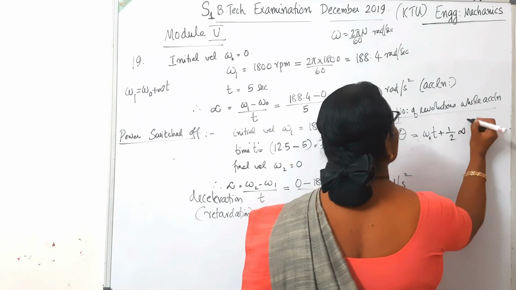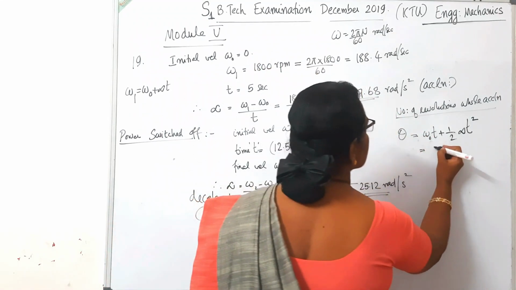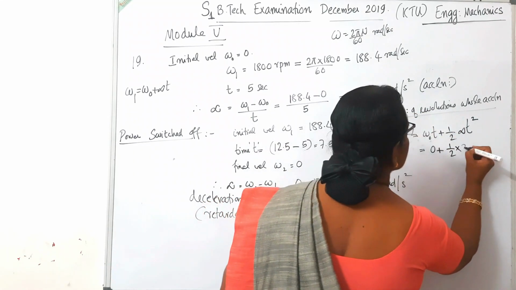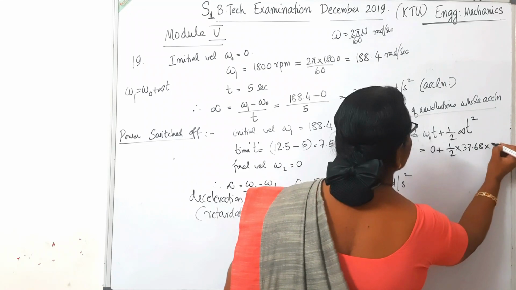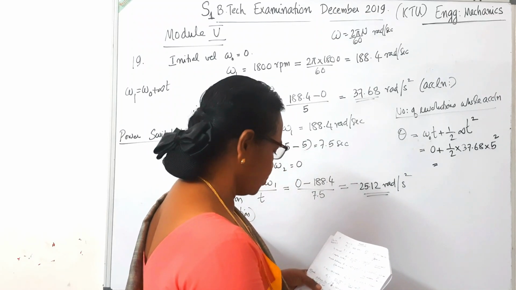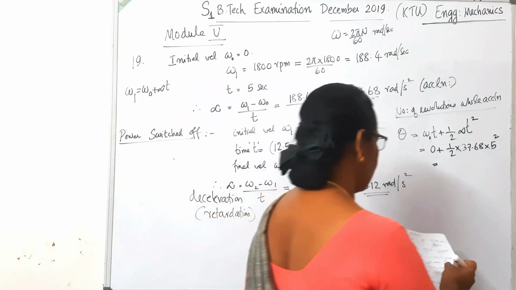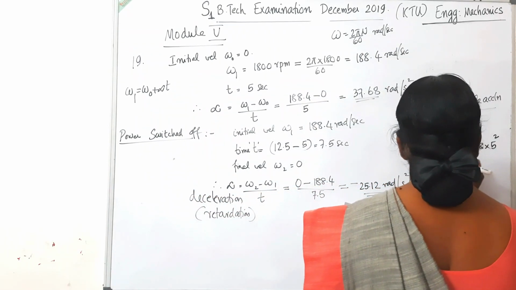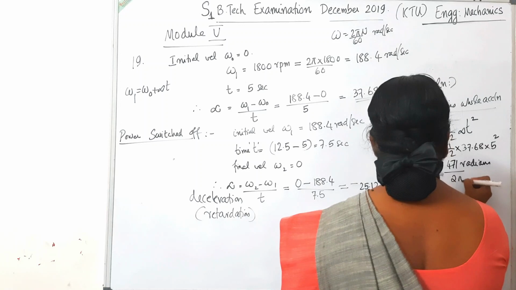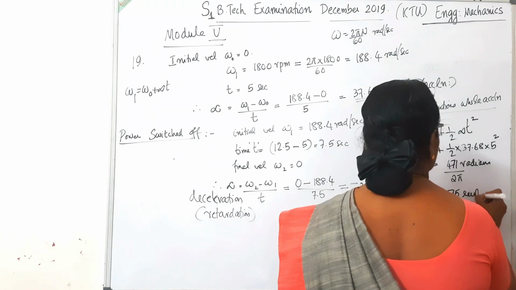So in the acceleration stage, initial is 0, so this term is 0 plus half alpha 37.68 into time 5 square. It works out to 471 radians. If we divide it by 2 pi, we will get the number of revolutions, 75 revolutions.